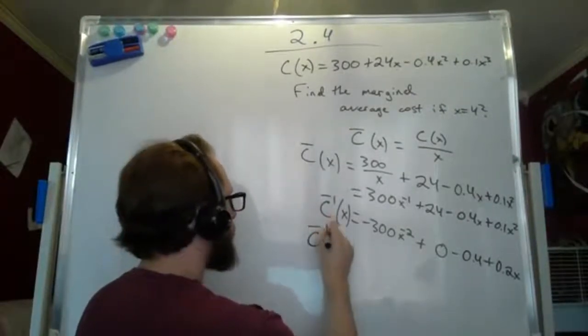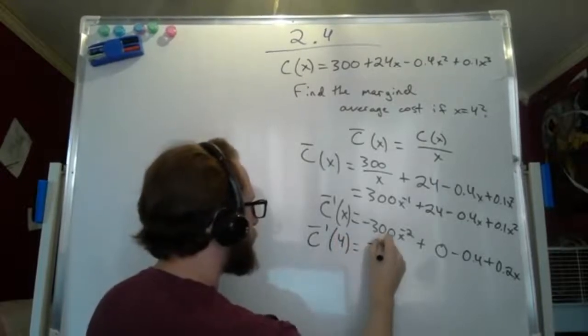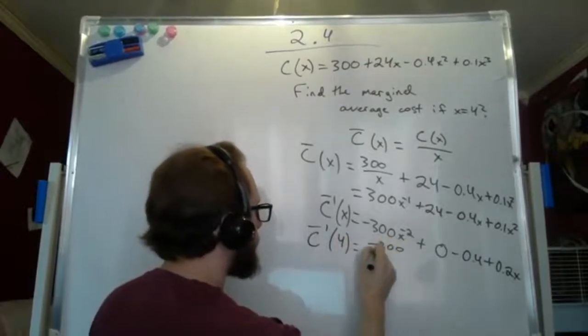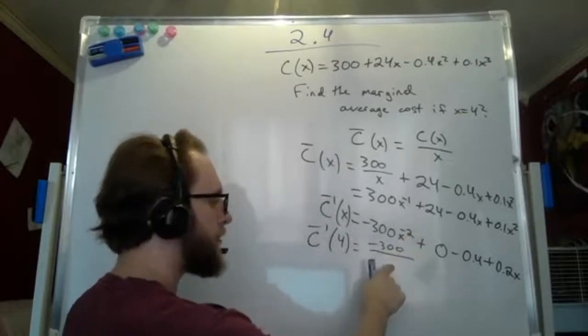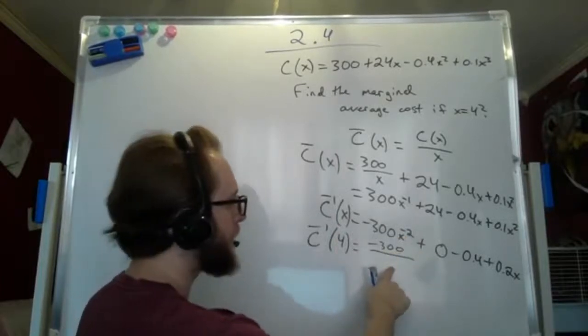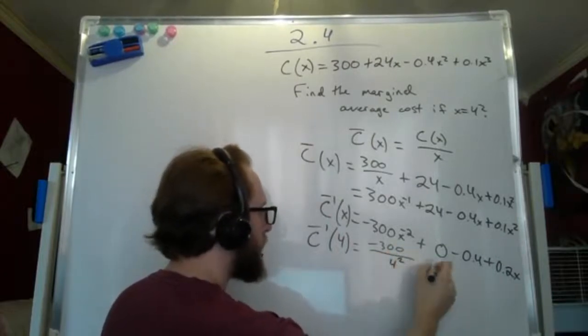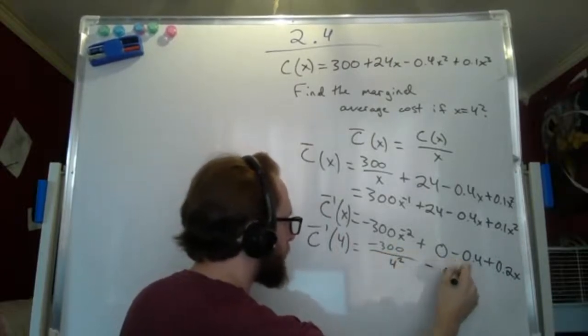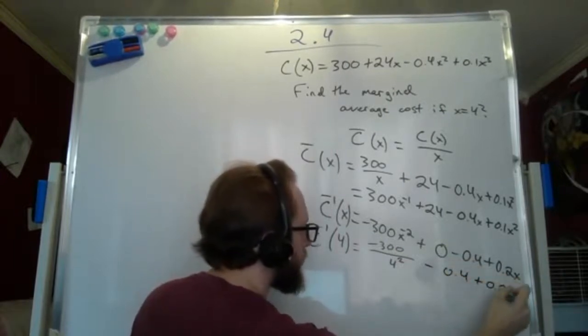So c bar prime of 4 is equal to -300 divided by, because I have this negative power, I'm just going to go ahead and move it back down to the denominator. So I'm going to have 4 squared minus 0.4 plus 0.2 times 4.